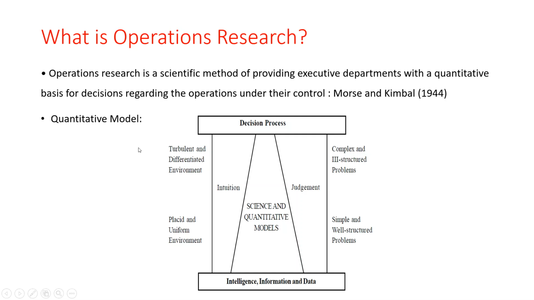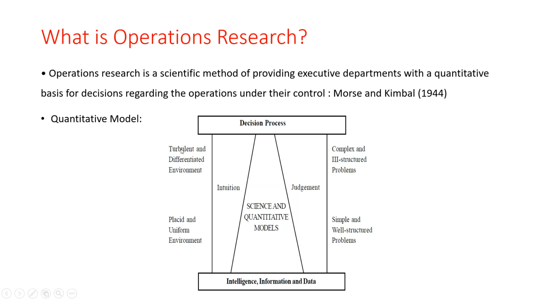In real world problems, we can notice that there exists a relationship among intuition, judgment, science, quantitative attitudes, practices, methods, and models. In this diagram, we have the quantitative model, decision process, intuition, judgment, science, intelligent information and data.